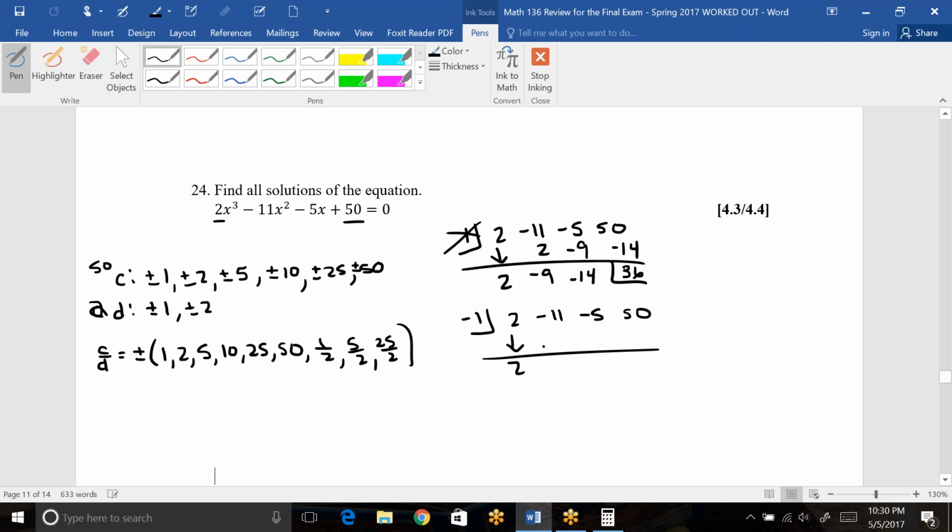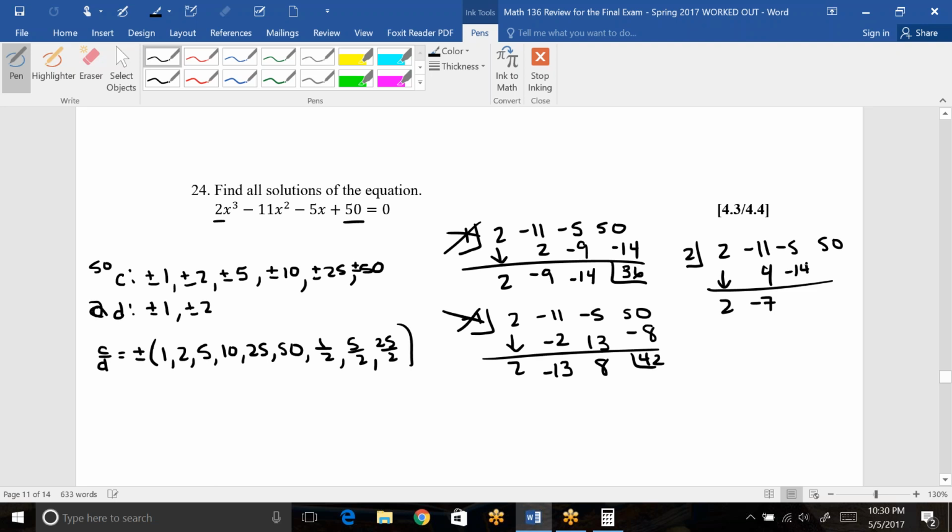We try negative 1, that would be 2, negative 11, negative 5, and 50 again. Pull down the 2, that would be negative 2, that's negative 13. That would be positive 13, that would be 8, and that would be negative 8, which is 42. So it's not negative 1. Let's try positive 2. So 2, negative 11, negative 5, and 50 again. Pull down the 2, that would be 4. That would be negative 7.